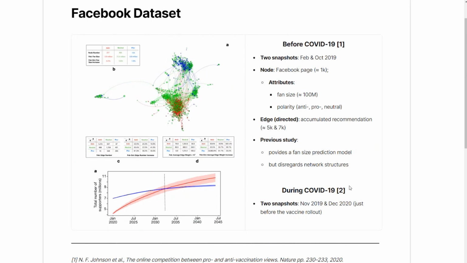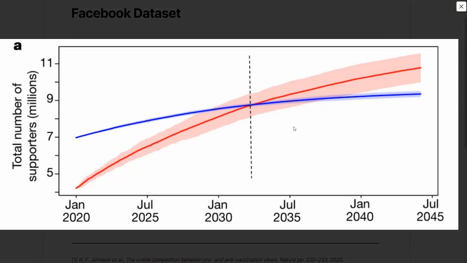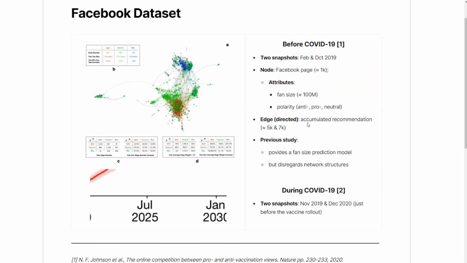A previous study on this data set provides a fan size prediction model, that looks like this. They are predicting what will happen maybe decades later, and the y-axis represents the total number of anti-vaccination supporters and pro-vaccination supporters, represented by red and blue colors.